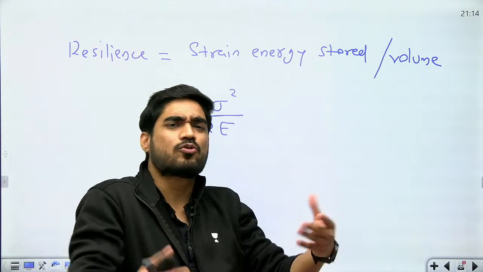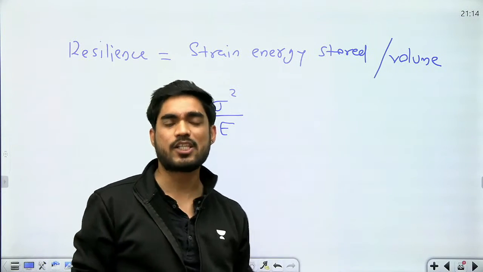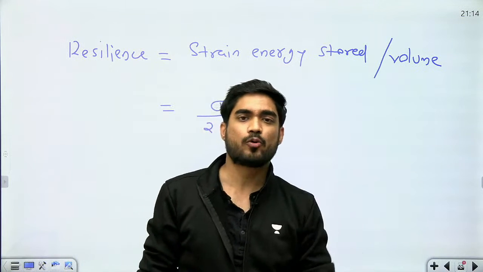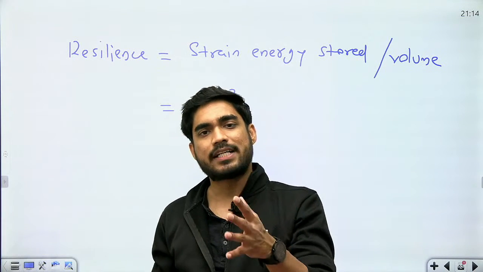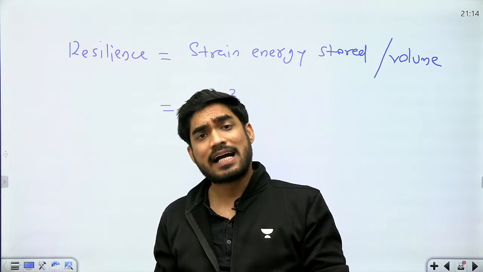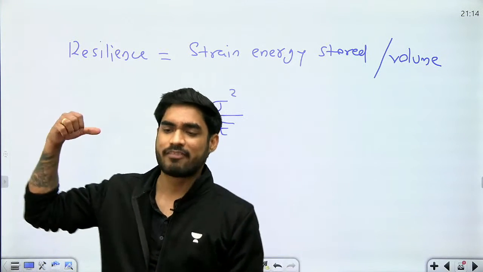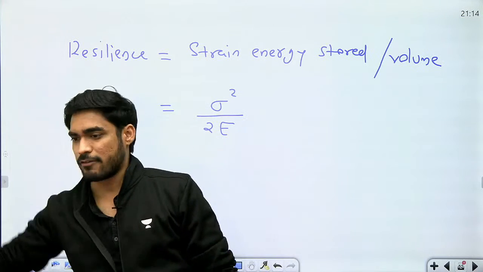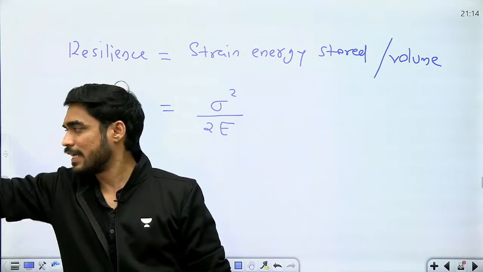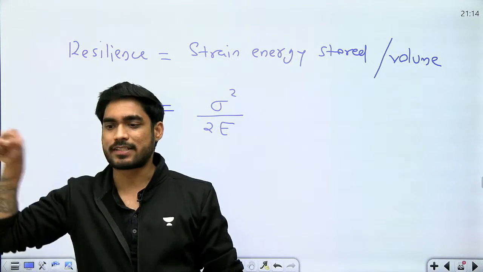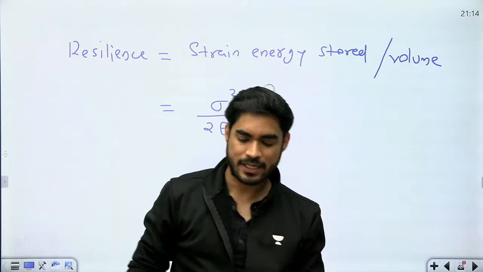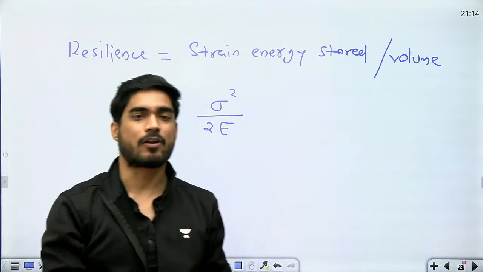Now why do we need to store the energy? Understand, this property comes into picture under vibration, under shock, under impact load. Impact load means load striking with some velocity, like punching. If you are punching a body, then it is load striking with some velocity. If you are hammering a body, you are giving load with some velocity.